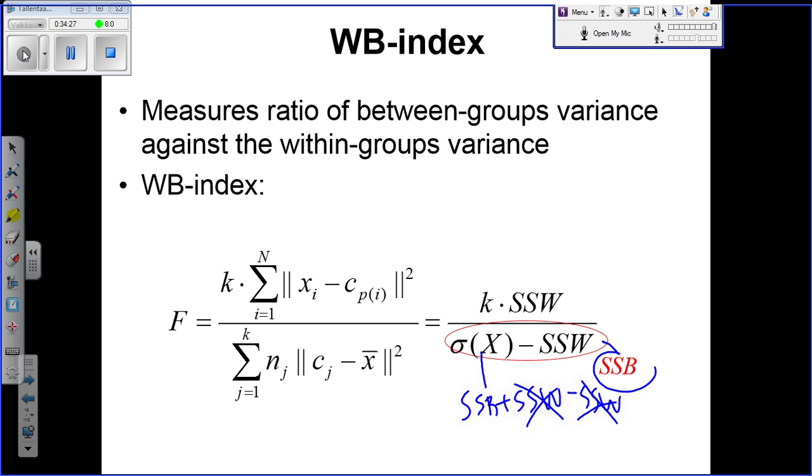So basically, this part is SSW. Okay, now let's see carefully. What we are taking here is the ratio of the within-cluster divided by the between-cluster. So now it becomes more like something where we minimize one and maximize the other.